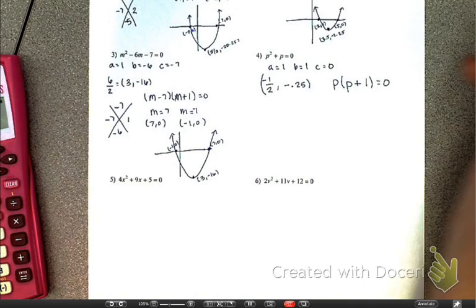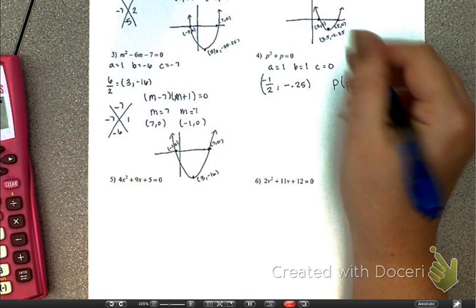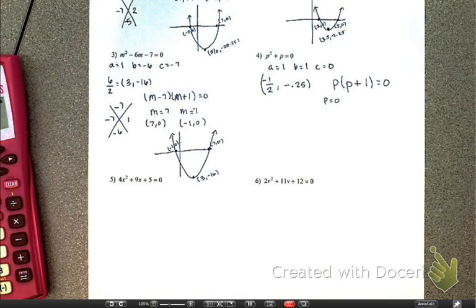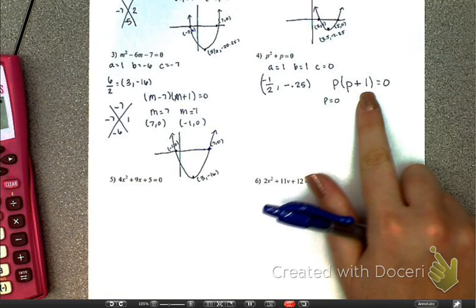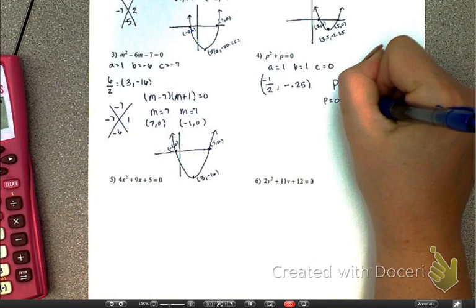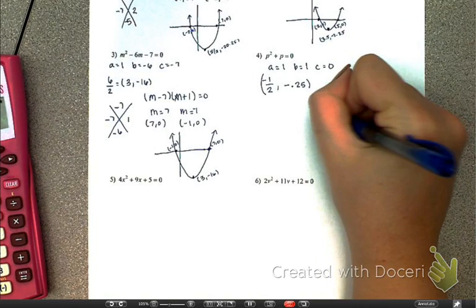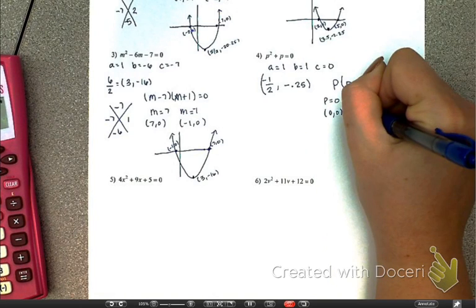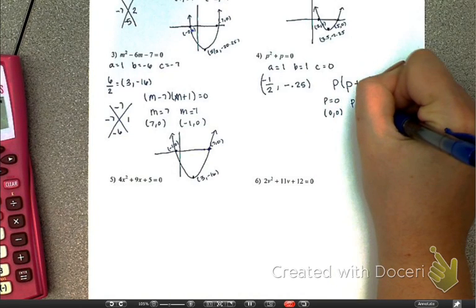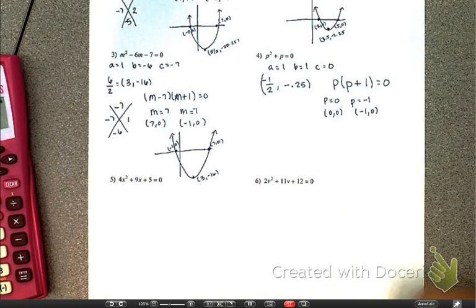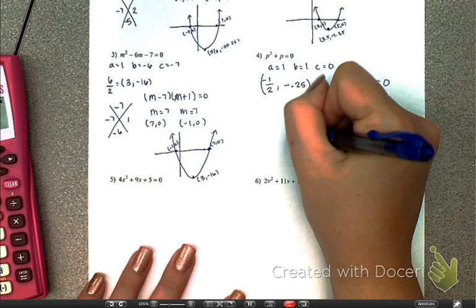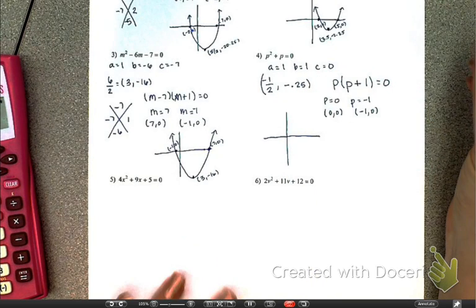This was the issue we had when we were factoring. Now I still have 2 things I set equal to 0. I set p equal to 0, there's nothing I can do to solve, and I set p plus 1 equal to 0, and I get p equals negative 1. So my points for my intercepts are 0, 0, and negative 1, 0. This one wasn't that bad either, as long as you knew how to factor.